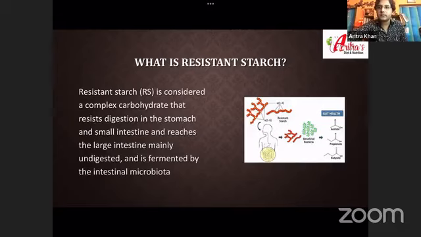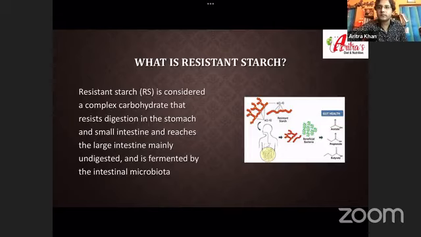Resistant starch is resistant because it is not absorbed in the stomach or in the small intestine. It reaches the large colon in undigested form, where it acts as a carbon substrate for the beneficial bacteria, like a dietary fiber.